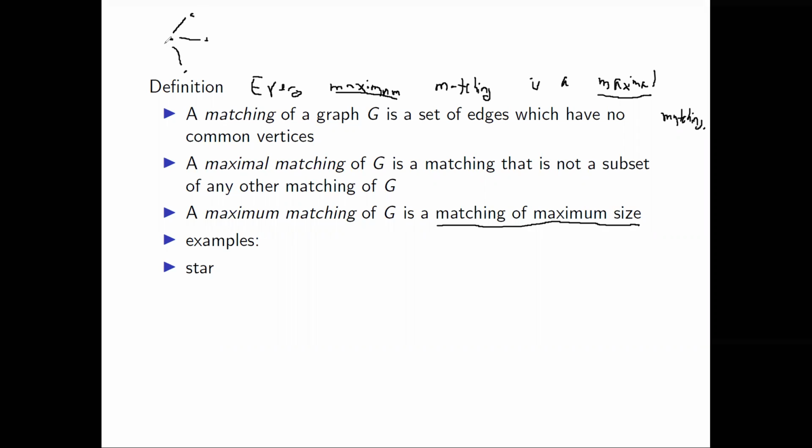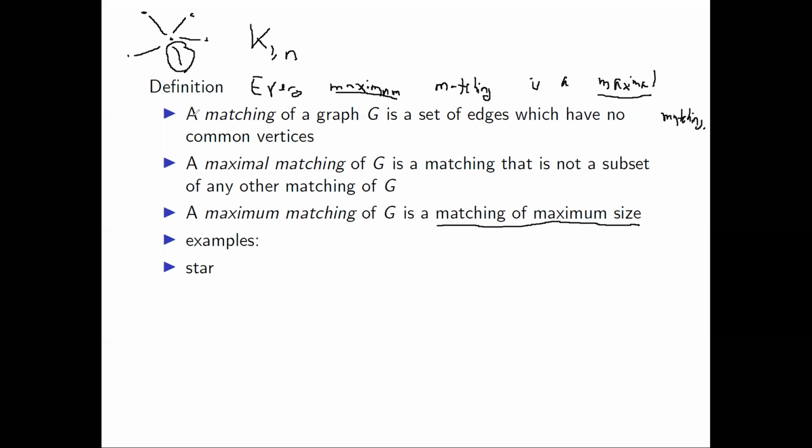It'll be some K_{1,n}, some star. And if we put any edge of this star in the matching, like for example, we'd stick that one in the matching, then unfortunately we cannot put any other edges in the matching, because all of the other edges in the star have vertices in common with that edge.